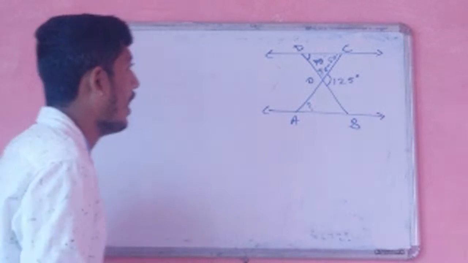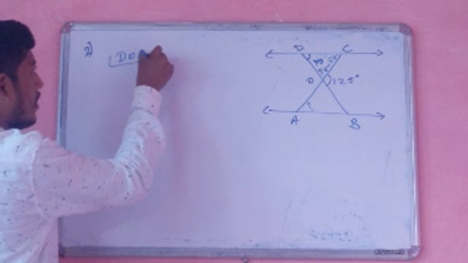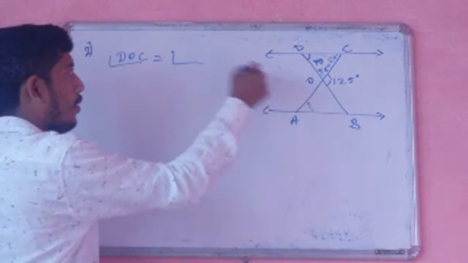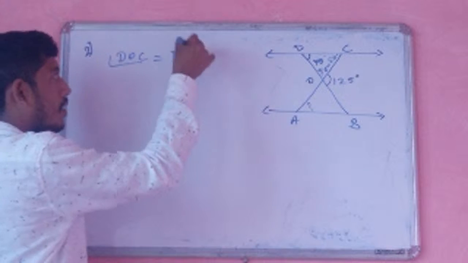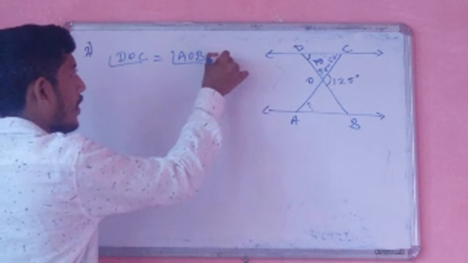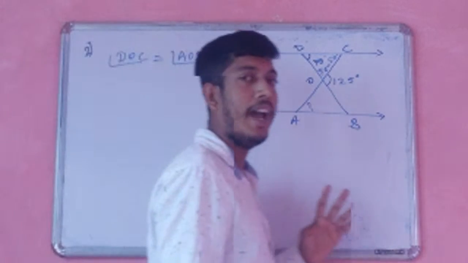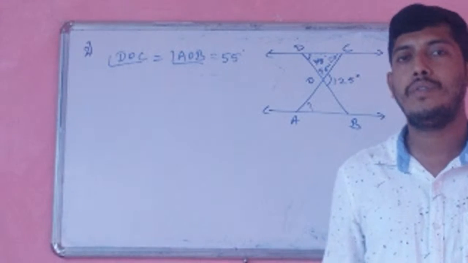So I am telling that angle DOC is equal to angle AOB. What is the reason behind it? Angle DOC is 55 degrees, therefore I will tell angle AOB is also 55.